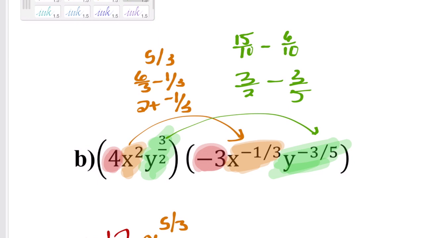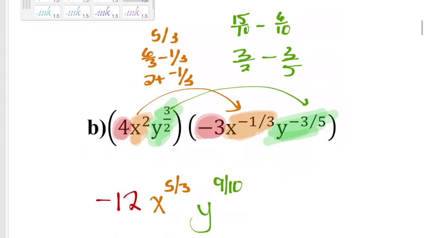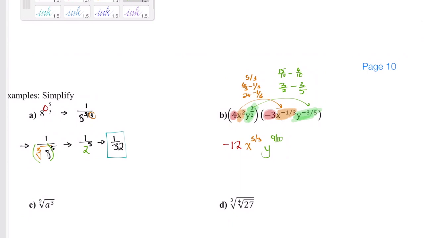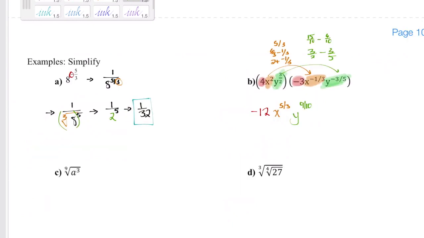So this is y to the 9/10. And I can't break this down any further because they aren't actual numbers. So when you have variables, we can just leave them in this fractional form. If we have numbers, we want to see if there's anything that we know the square root, cube root, fourth root, any of those. And this last bit, again, I'm going to save for my students.